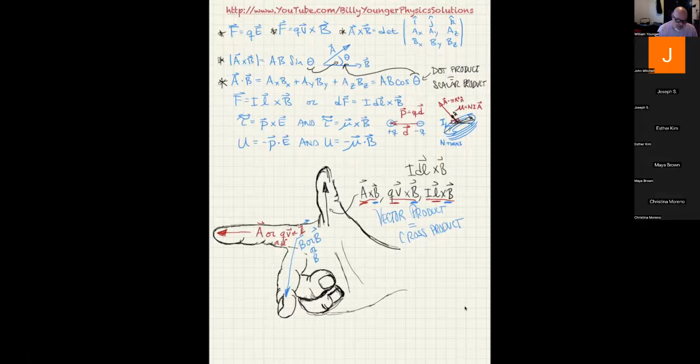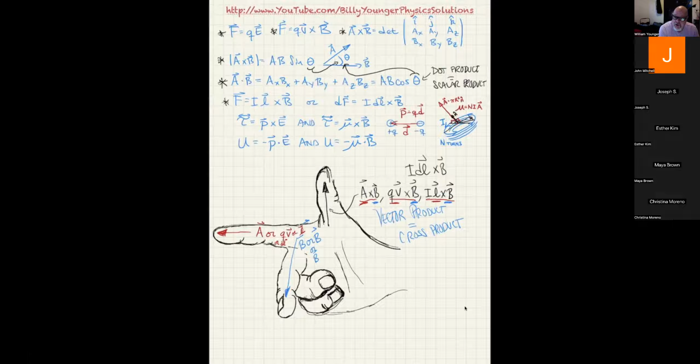We did find that, of course, just like we found that a force F is given by QV cross B when a charge Q with a velocity V is going through a magnetic field B. But we also found that if you have a length of wire L with a current going in the same direction as L, then IL cross B is the force that results from that.